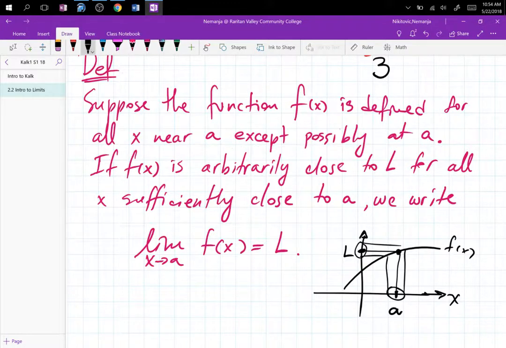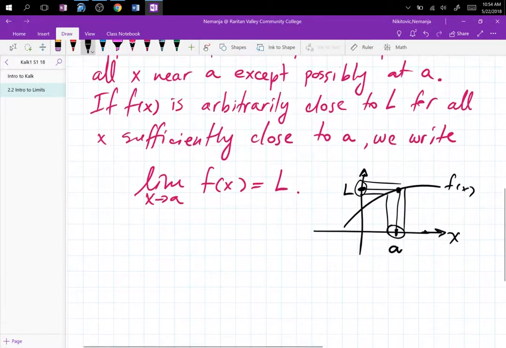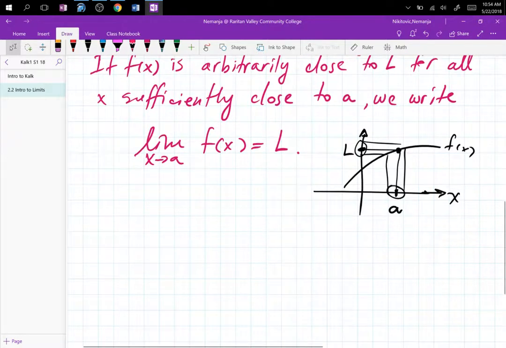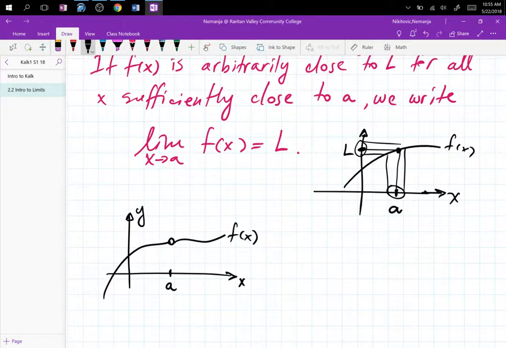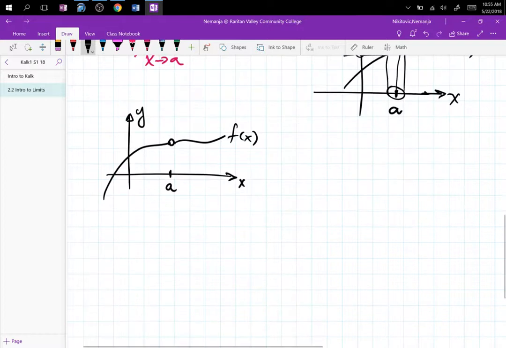Well, that's where the power of limits is. You see, if you have a function that is not defined at A, so this function is defined, this is function f of x, right? Passes vertical line test and definition, everything, so it's okay. Function is just fine.